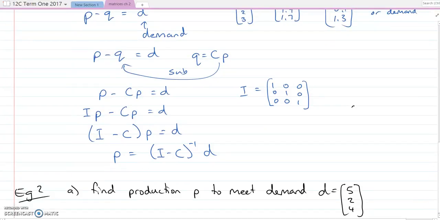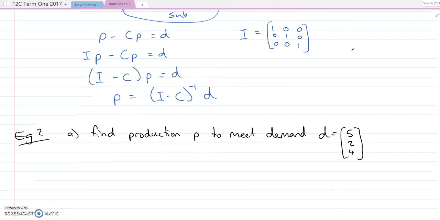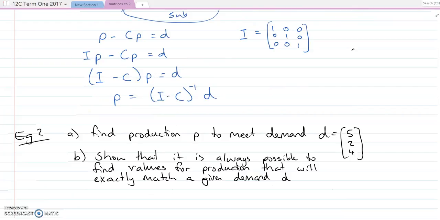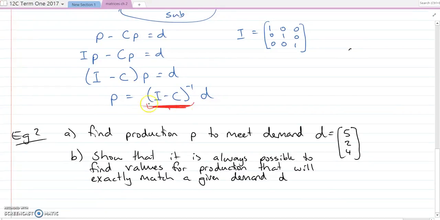And here is the next question. Just of note here, when you multiply out and find P, your output, if you get a negative number for P, it doesn't make sense.